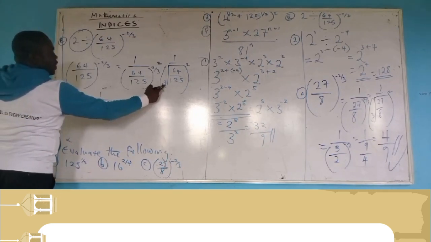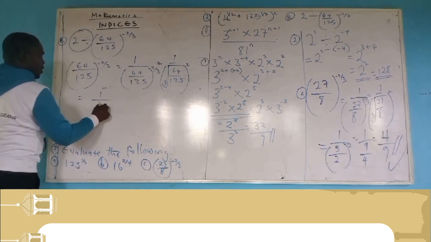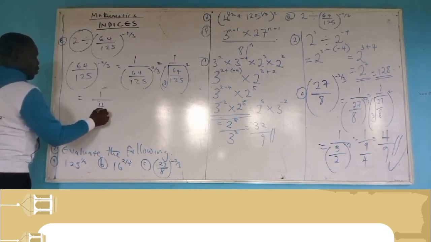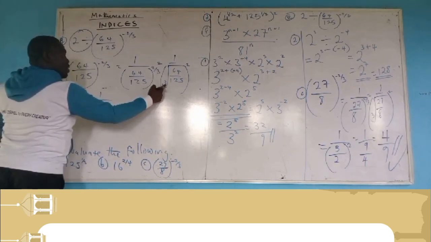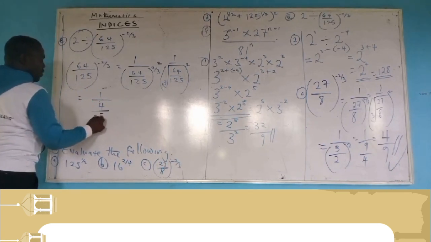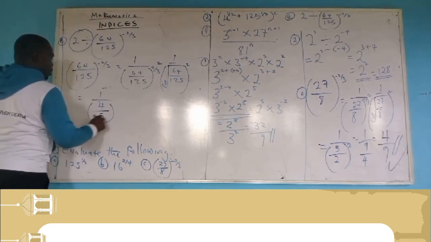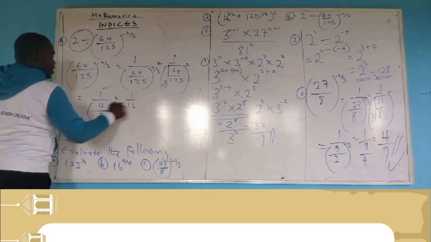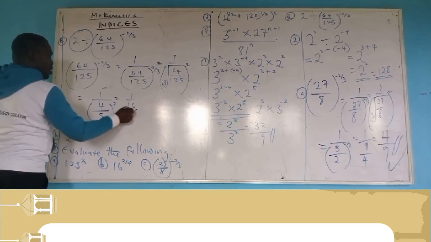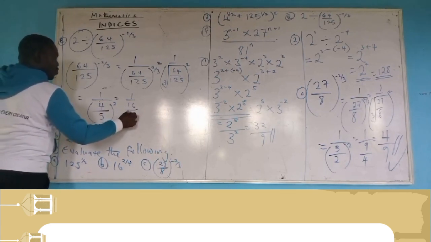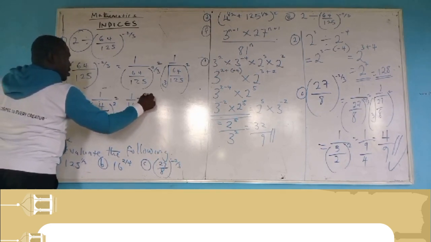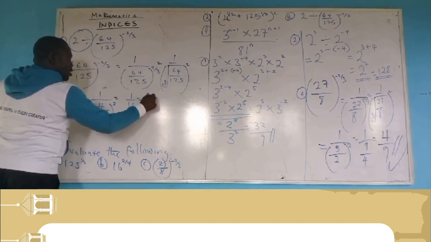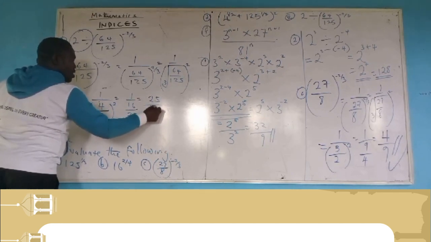The number I can multiply to 3 places to give me 64, that's 4. 4 times 4 times 4. The number I can multiply to 3 places to give me 125, that's 5. And then the square, I'll put it there. So I'm going to have 1 over 16, that's 4 raised to power 2, and then 5 raised to power 2, that's 25. So this will give me 25 over 16.